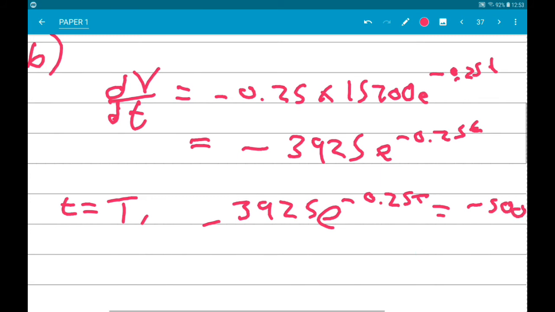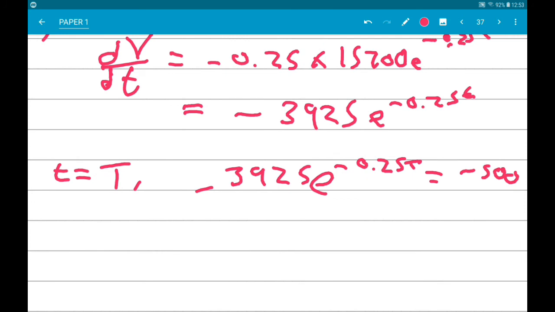Now, both sides are negative, so divide through by minus 1, and we get 3925 times the exponential is indeed 500.